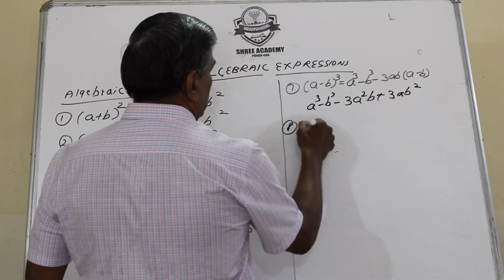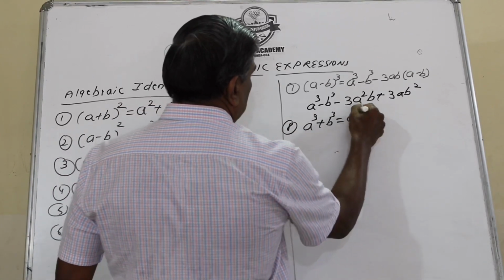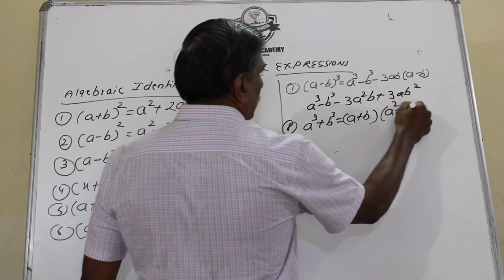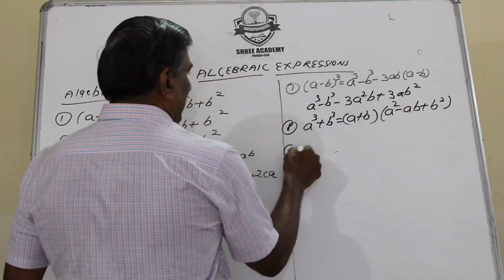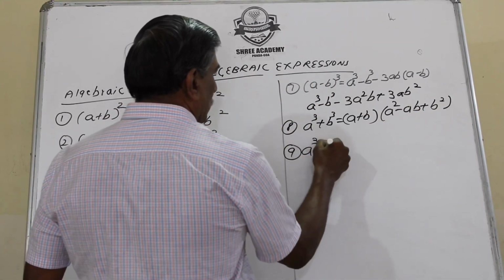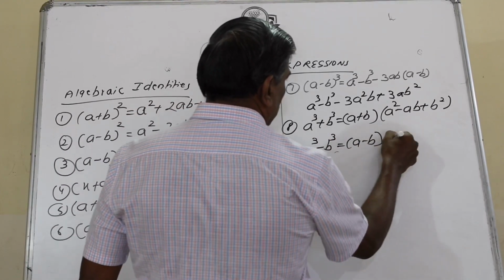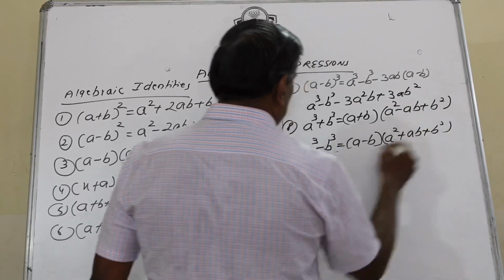The eighth one is a cube plus b cube. This is a plus b into a square minus ab plus b square. The ninth one is a cube minus b cube. So this is a minus b into a square plus ab plus b square.